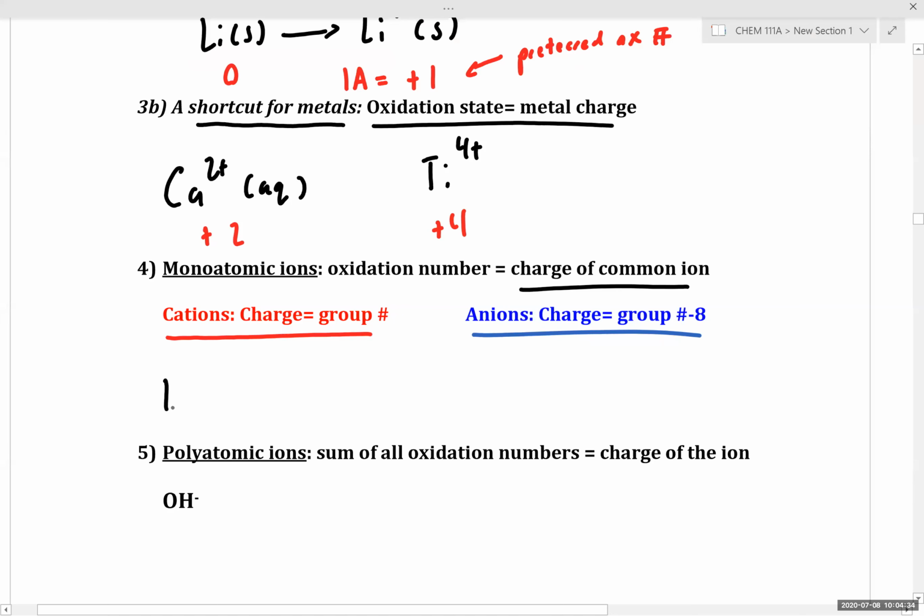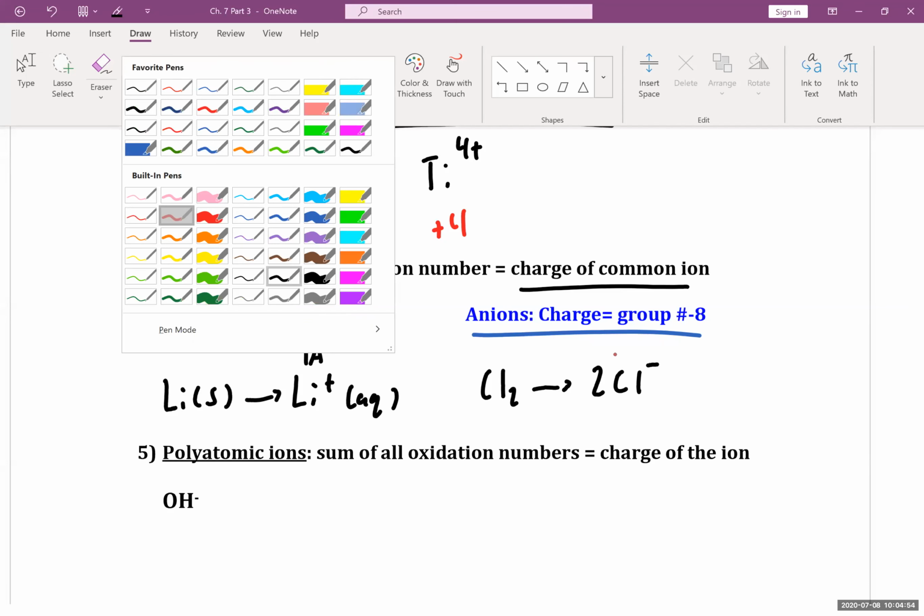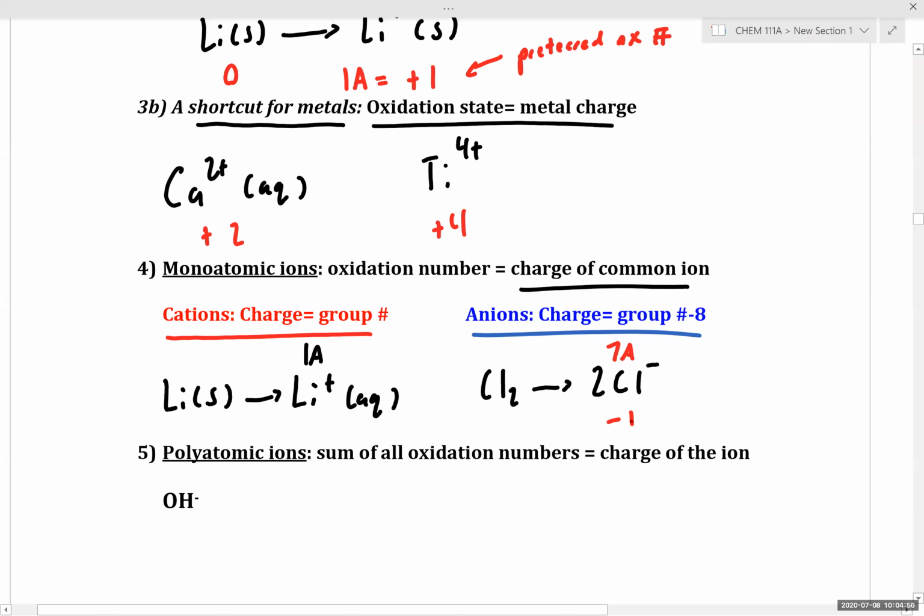So we've already seen, for example, that lithium solid likes to generate lithium plus because lithium is a 1A element. Likewise, chlorine likes to generate chloride. And as we can clearly see, chlorine is a 7A element and it likes to adopt a -1 oxidation number. So this is the preferred oxidation number.